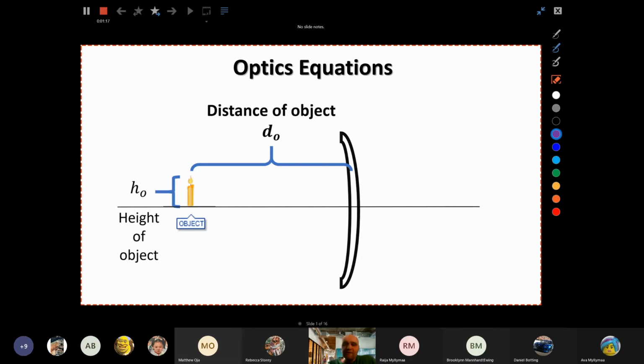Now, of course, the whole point of this is to form an image and look at it. With this object being far back, the image would appear here if you drew your lines properly. And just like we had an HO and a DO, we're going to be able to measure the height of this image right there.